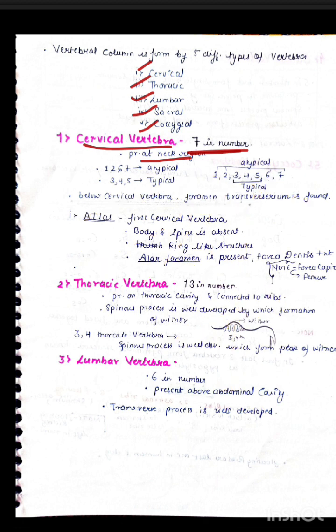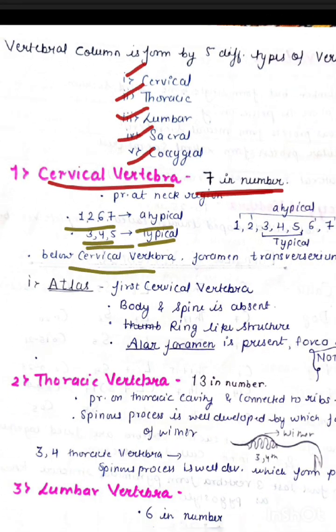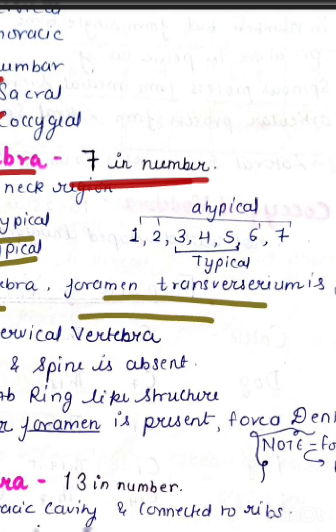So 1, 2, 6, 7 form atypical vertebrae, whereas 3, 4, 5 form typical ones. Foramen transversarium is present in the cervical vertebrae.